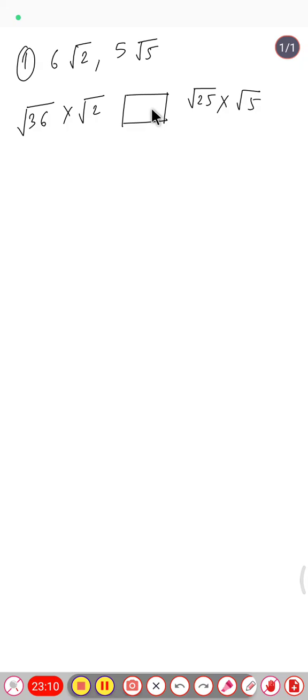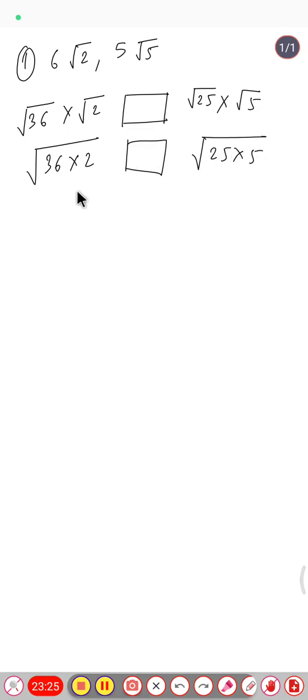As we know both are square roots, so we write here root of 36 into 2. Here is a blank, and inside this it's 25 into 5. 36 into 2 is nothing but 72, and we have this blank space for the symbol, and again 25 into 5 is nothing but 125.